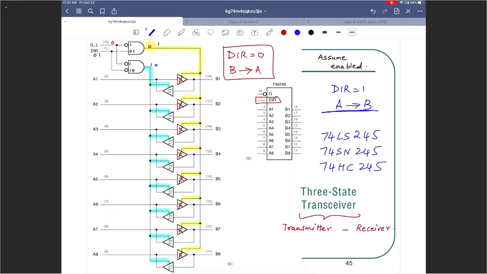So these are acronyms for the technology that is used to design the chip, and depending on the manufacturer, that can change. There are many other combinations. I've just written out 3 of them. But when you look at the number itself, 74 and 245, that is what the operation we are talking about.